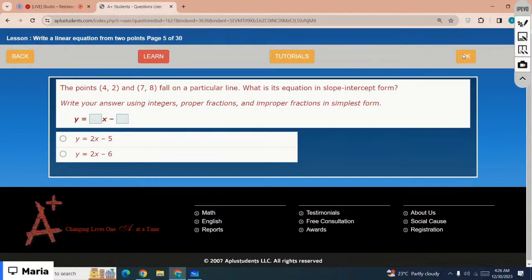The correct option is option number 2, that is y equals 2x minus 6. The second one is the correct option.